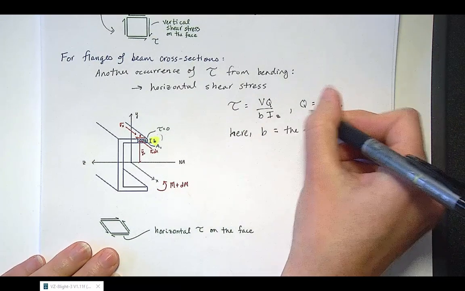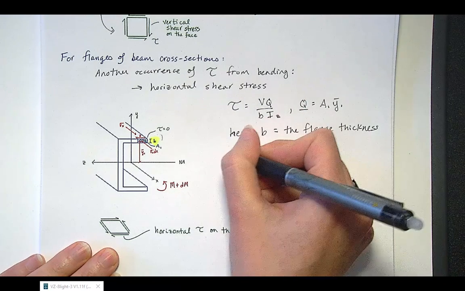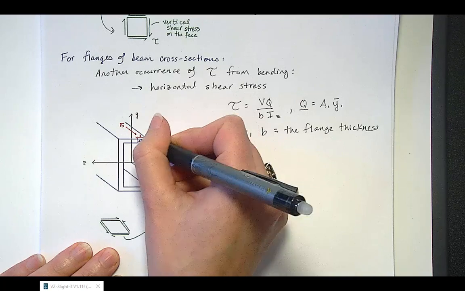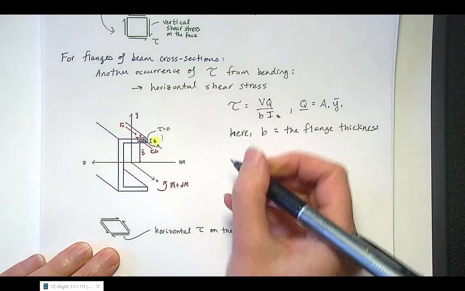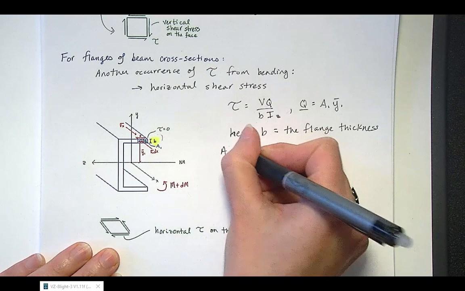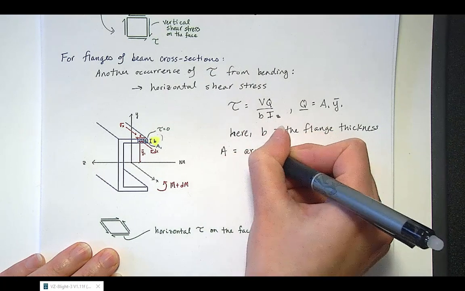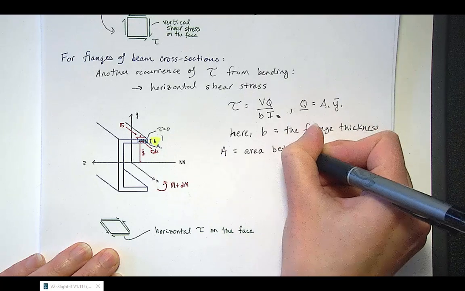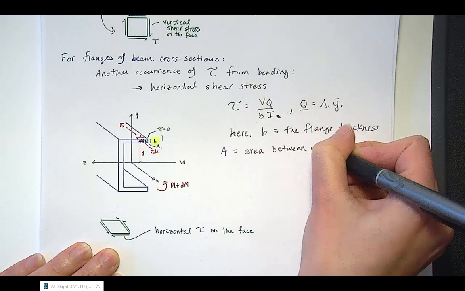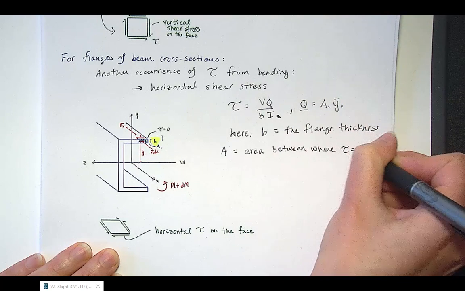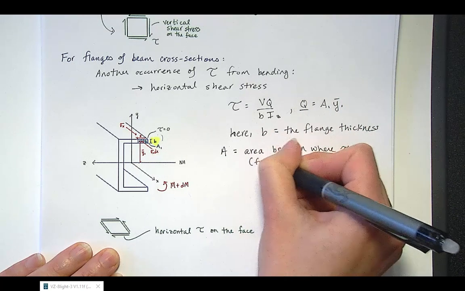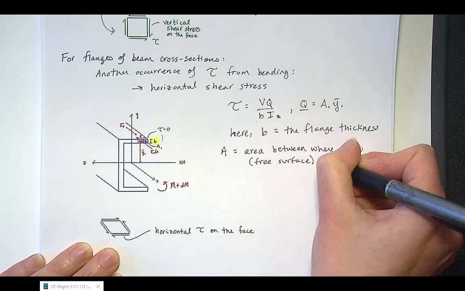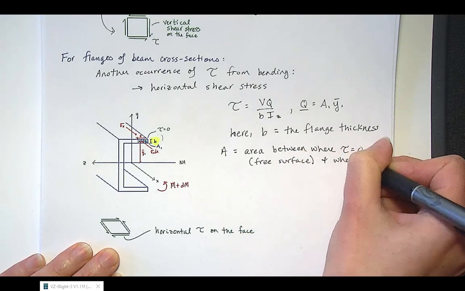And when we calculate Q, the area that we're looking at now is measured from the free end horizontally in the Z direction. So it's the area between where the shear stress is equal to 0 and where the shear stress is computed.